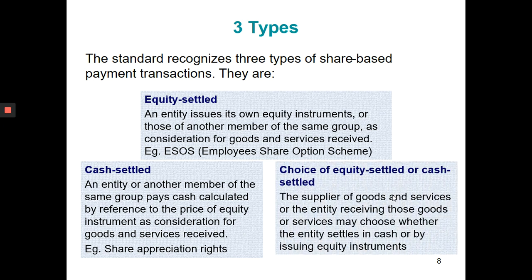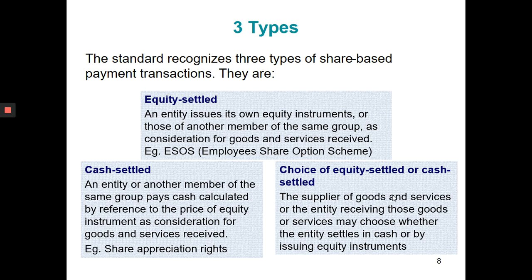Okay, now we have one more that we need to look into, that is choice of equity settle or cash settle. Okay, this is a situation where you enter into a similar agreement, cuma bezanya diberi pilihan sama ada nak ambil equity settle ataupun cash settle.